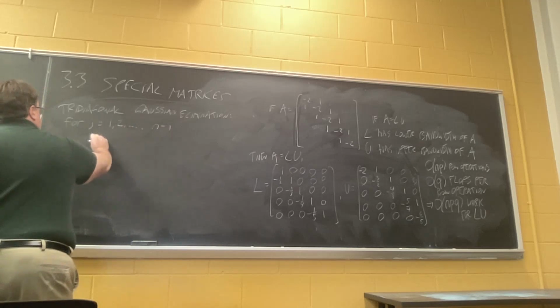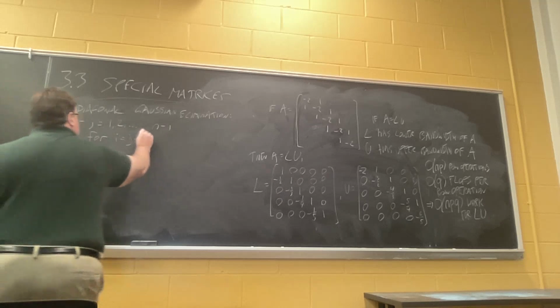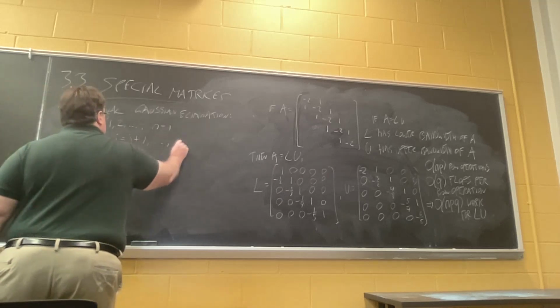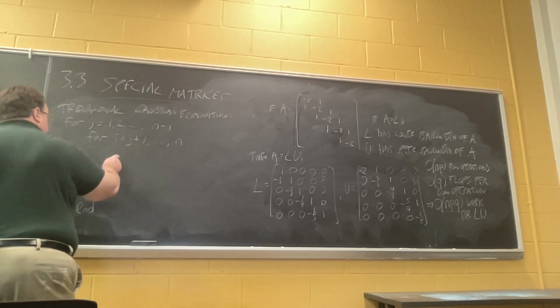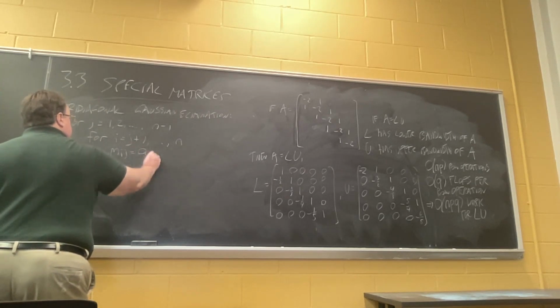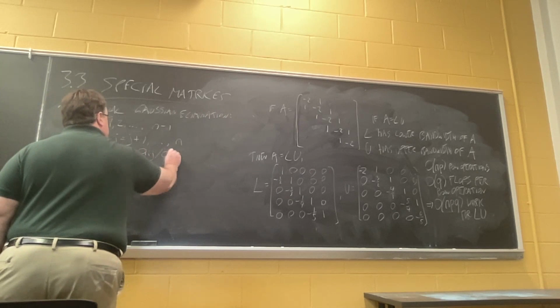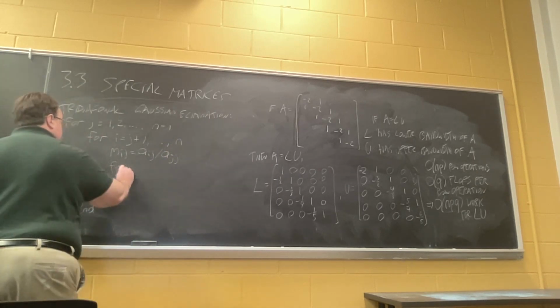For each column, we go to each row. And then within each row, we compute the multiplier. And then we carry out the row operation.